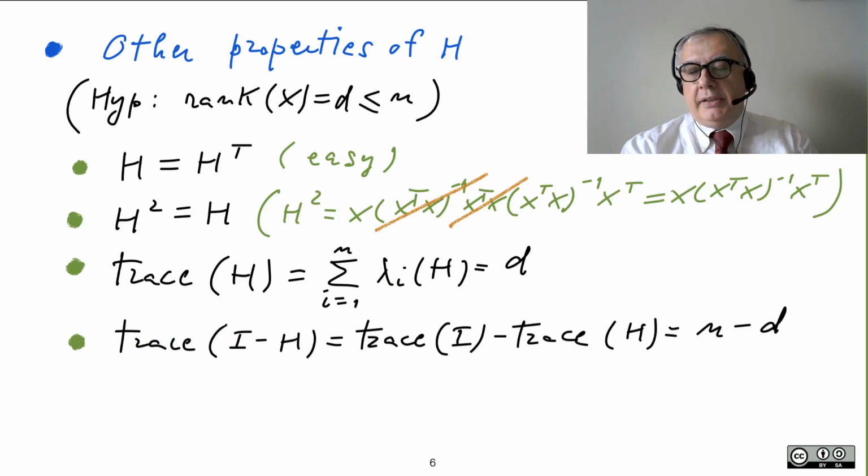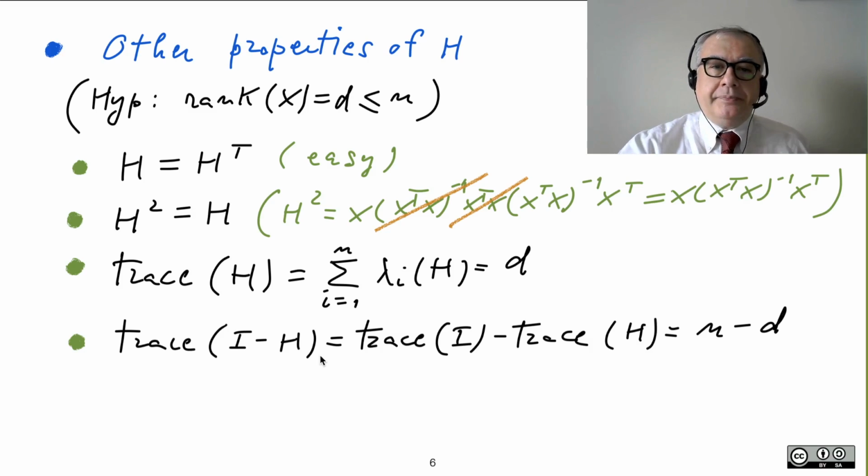Other properties of H. For the ones that like to know, H is a type of matrix that is called a projector and enjoys a number of properties. In this case, the properties are: it is symmetric, and its square is equal to H again. The proof is really very easy.